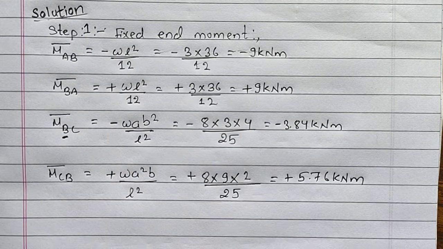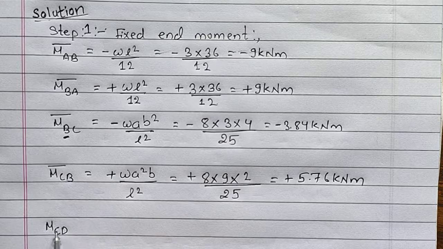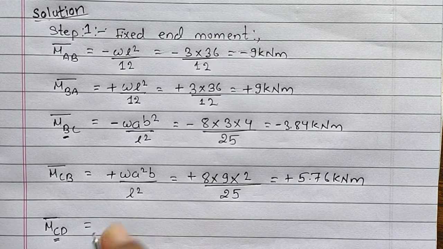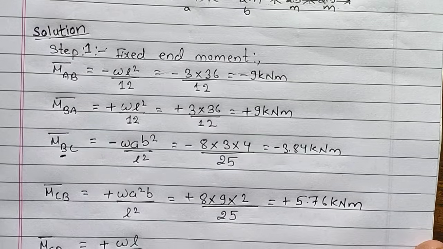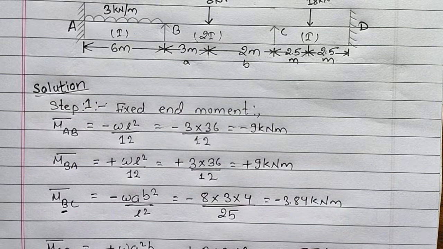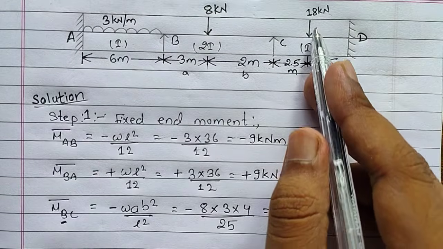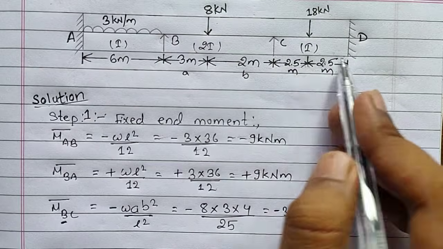Now time to calculate the fixed end moment of span CD. So we will write it down here. MCD means fixed end moment at joint C equals to plus W L upon 8. This is the formula to calculate the fixed end moment when our span is symmetrically loaded, means the point load is acting at the mid span of the beam.